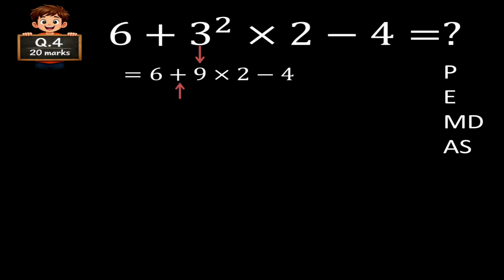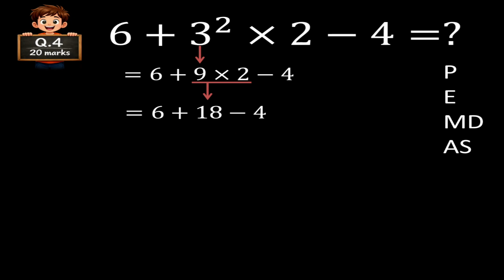Now we have one addition, one multiplication and one subtraction, right? So according to PEMDAS, first we have to solve multiplication. So 9 multiplied by 2 is equal to 18. So now the expression becomes 6 plus 18 minus 4. Now we have one addition and one subtraction.